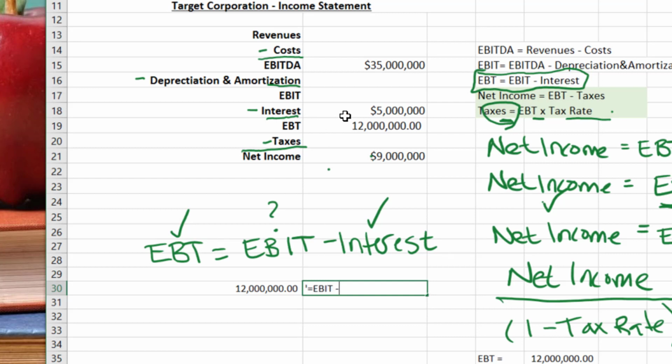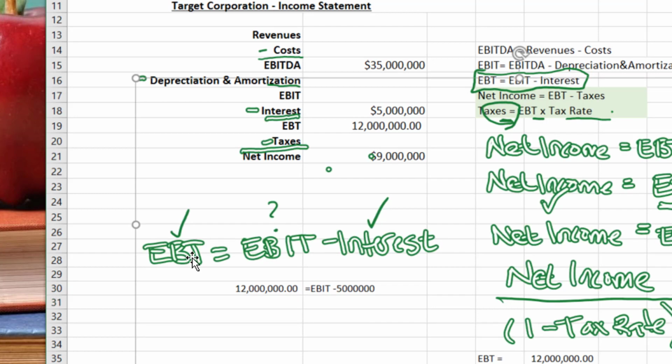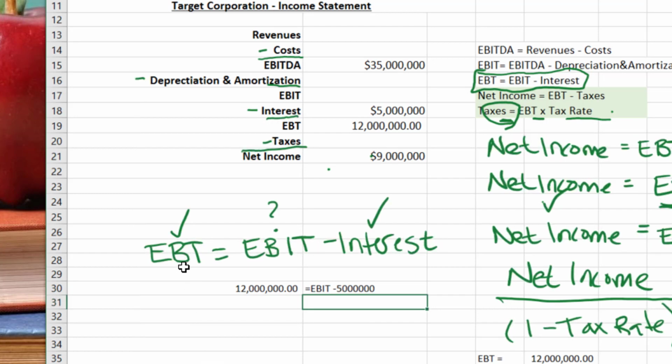And interest for me is $5 million. So it looks like this. So this equation right here, EBT equals earnings before interest and tax minus interest. And now I want to solve for that actual EBIT.